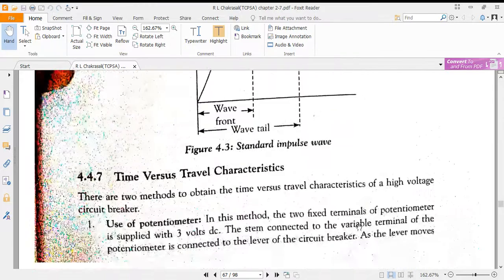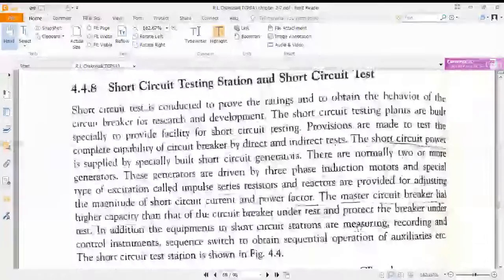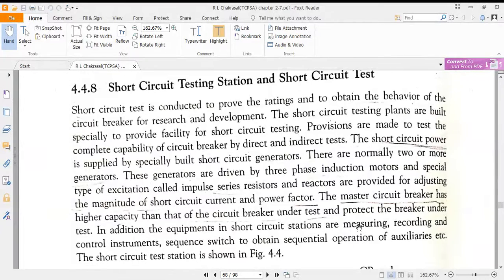Then we have the short circuit testing station and the short circuit test. To conduct the short circuit test, we have the short circuit testing station.